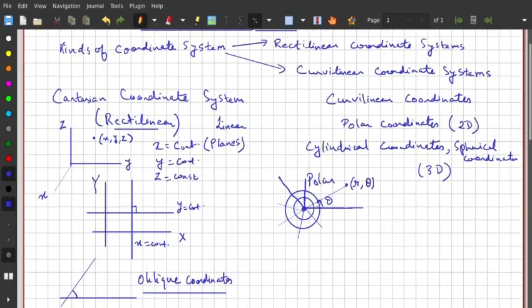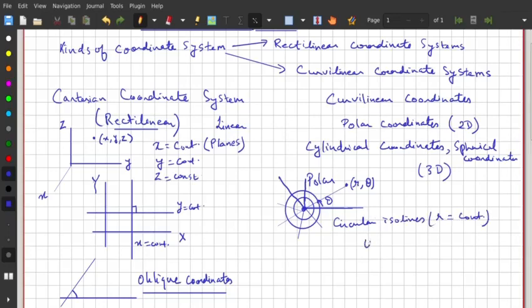As you can see, this is a curvilinear coordinate, because one of the iso lines is circular. Like here, these are circular isolines, which represent r equals constant.